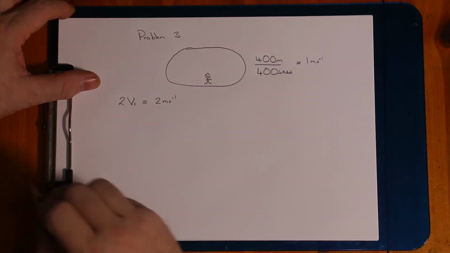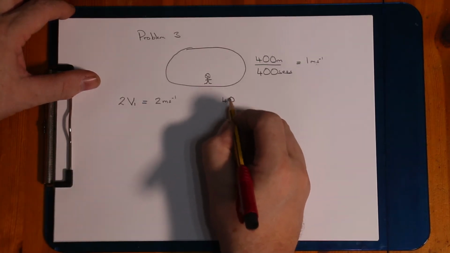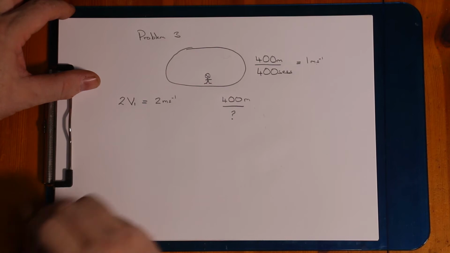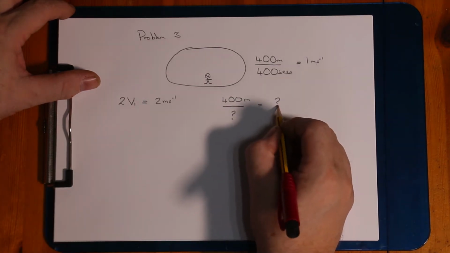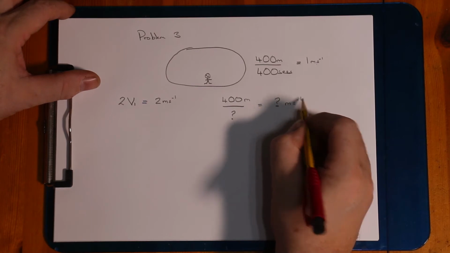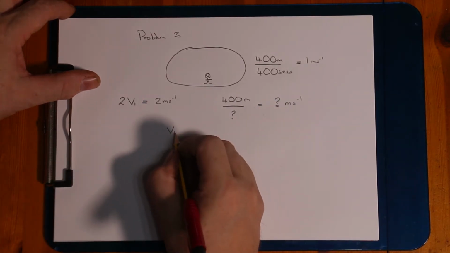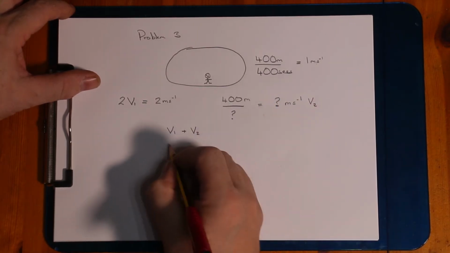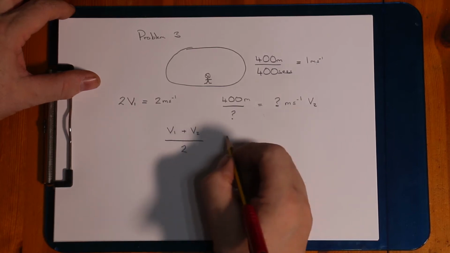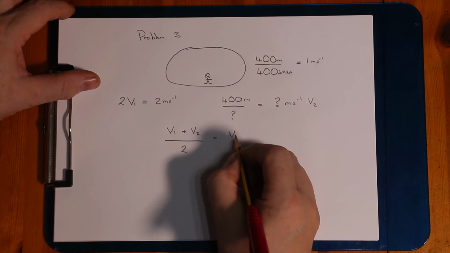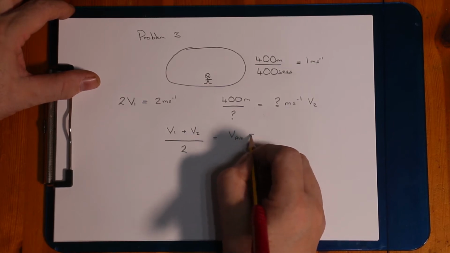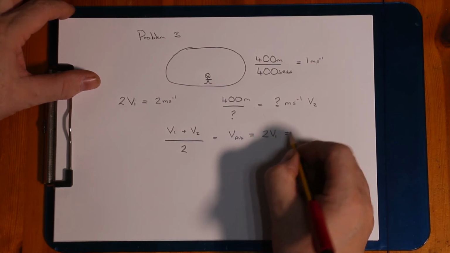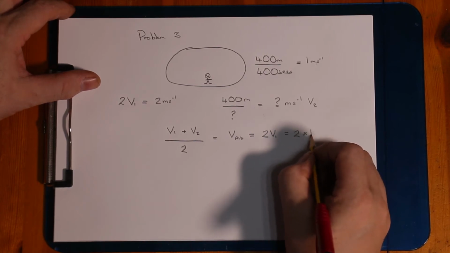So what we're after is how long it's going to take me to go round this 400 meter track to give me a speed of so many meters per second, such that when I take V1 and this new one, V2, and I divide it by 2, I get my average, which equals 2 V1, which we've said is twice 1 meter per second.